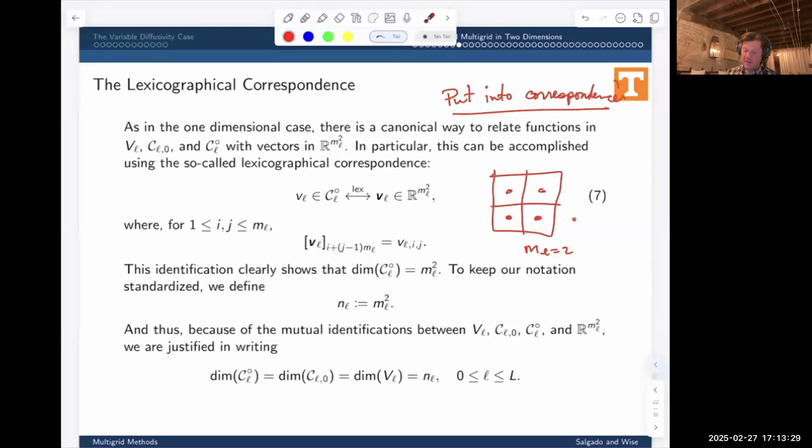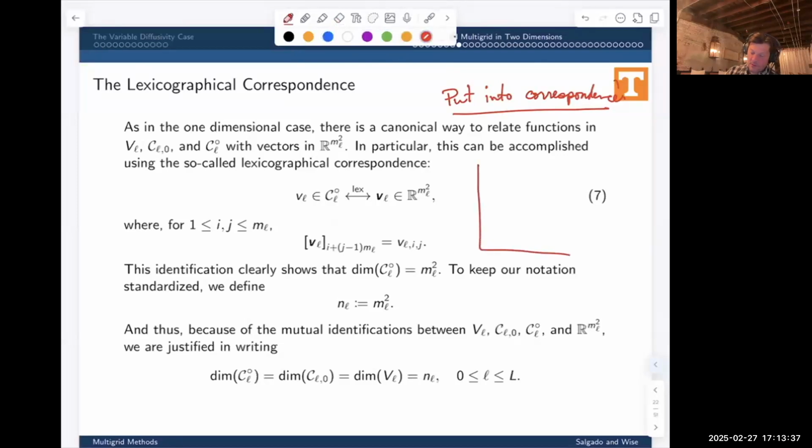1, 2, 3. So let's do an example where ML equals 4. For ML equals 4, we have this case. So we know we're going to have 16 degrees of freedom. But how do we count those degrees of freedom? How do we turn those into a vector?